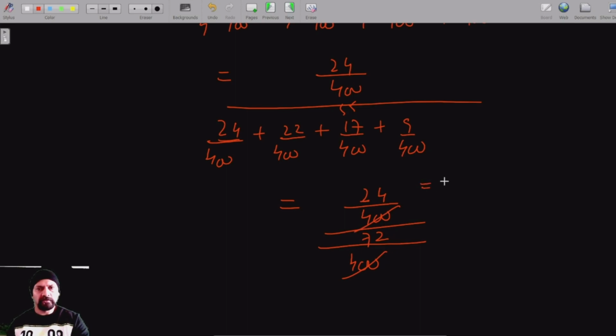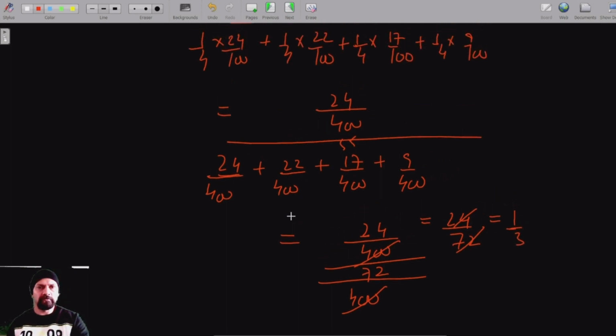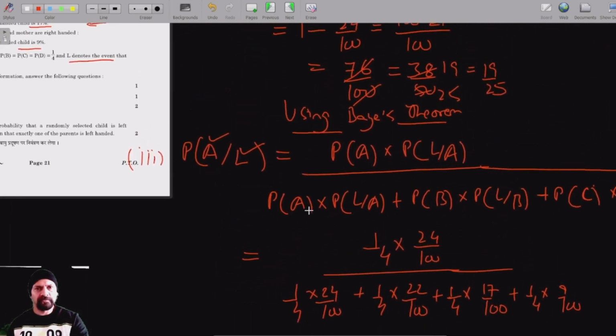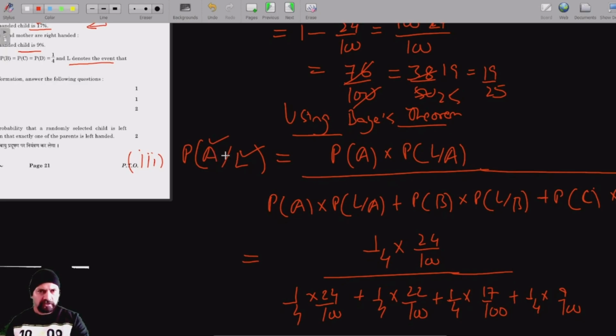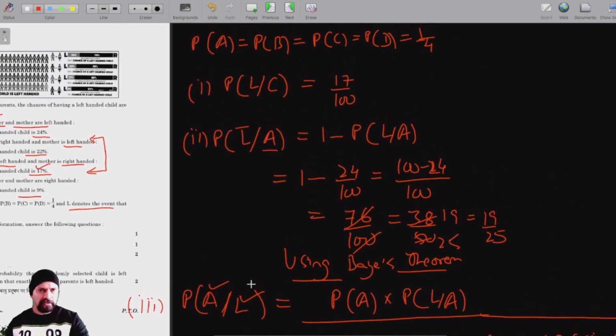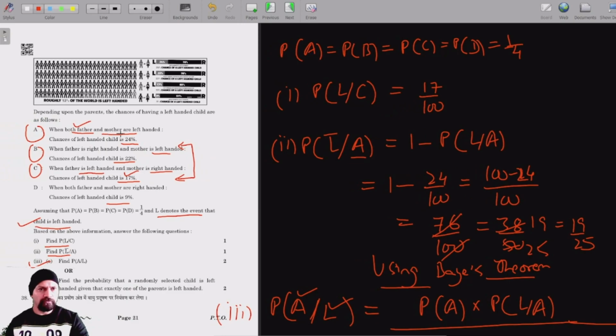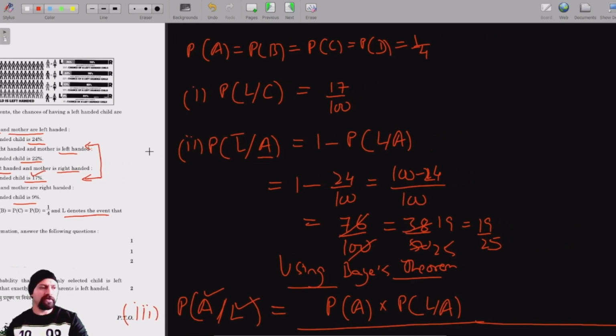So this is 24 by 72, which gives us 1 by 3. So 1 by 3 is the probability that the parents are both left-handed, given a left-handed child.